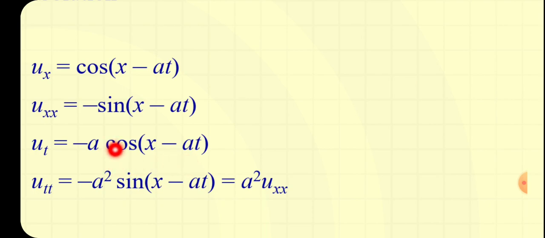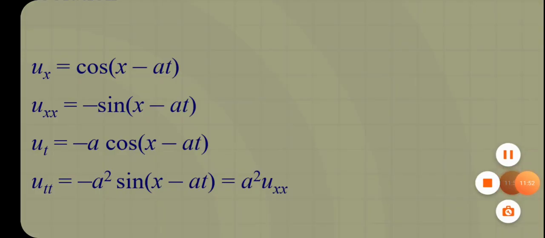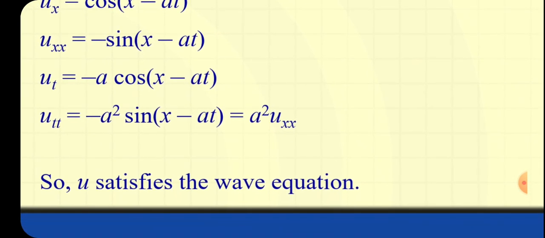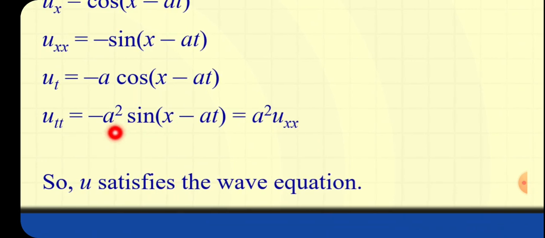So we have here negative a times negative a, so u double t equals negative a squared sine of x minus at, and you can notice that u double x is negative sine of x minus at, so you can replace negative sine of x minus at by u double x, and a squared is here. So we have proved that u double t equals a squared u double x.